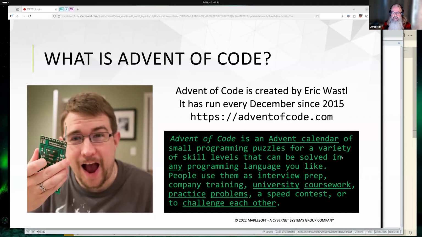You can see here, this is taken from the web page. It's an advent calendar of small programming puzzles for various skill levels that can be solved in any programming language. People do it for all different reasons. The calendar puzzles open at midnight Eastern time, and people often get the puzzles right as they're released and see who can do them the fastest.